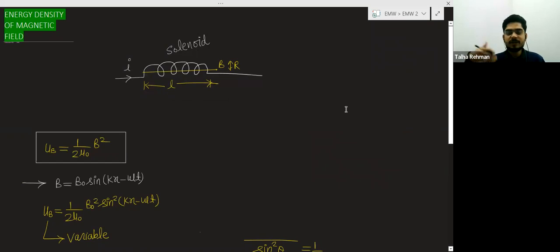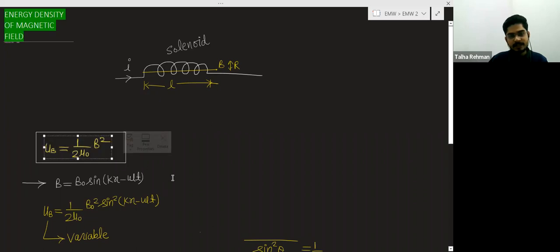Earlier you took the capacitor, because in a capacitor there is an electric field. In the case of a solenoid, there is a magnetic field, inside the solenoid.